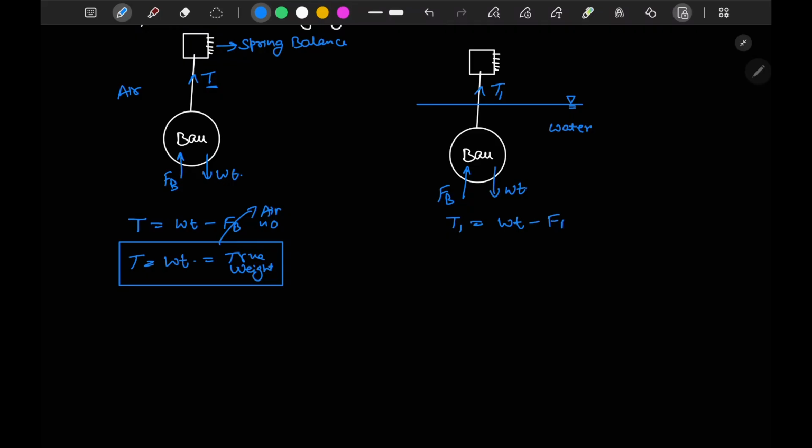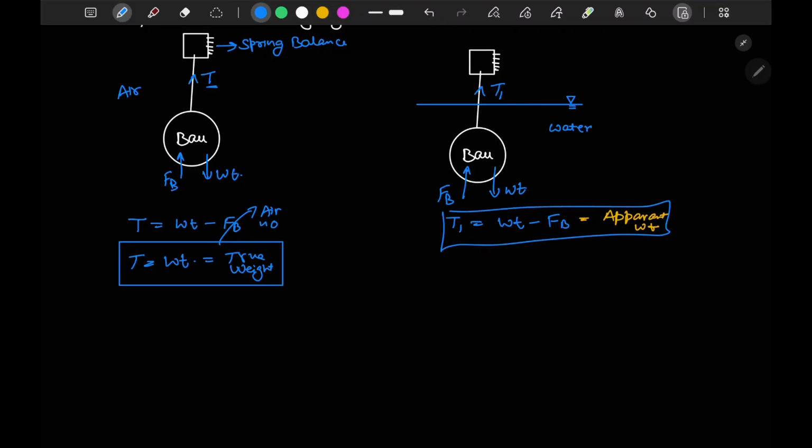Now here, since your medium is water, FB will have a quite significant value. It cannot be neglected with respect to weight. And this term is also known as the apparent weight.